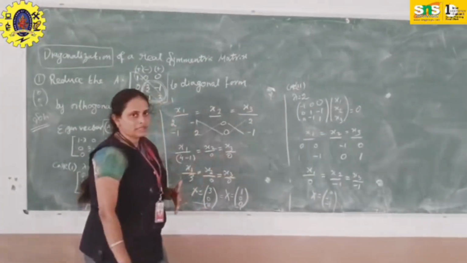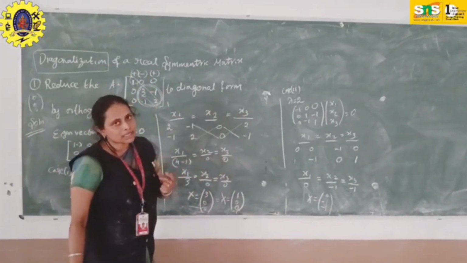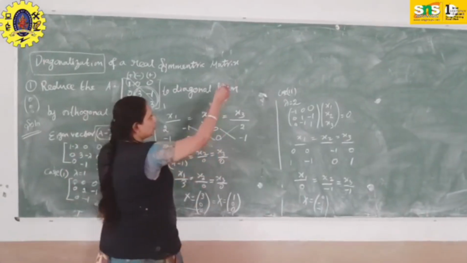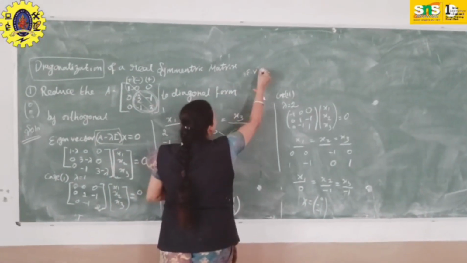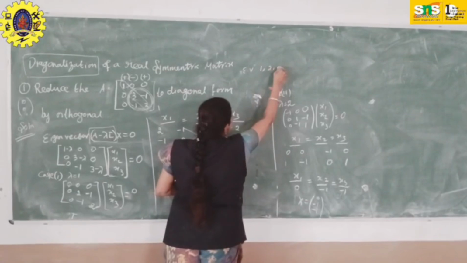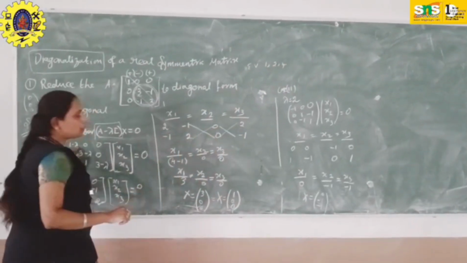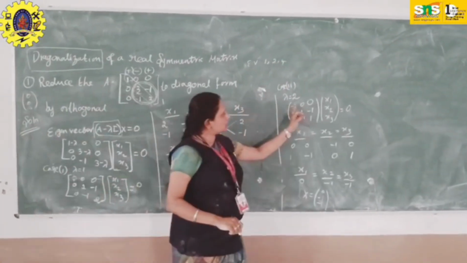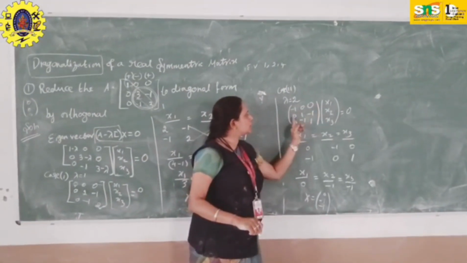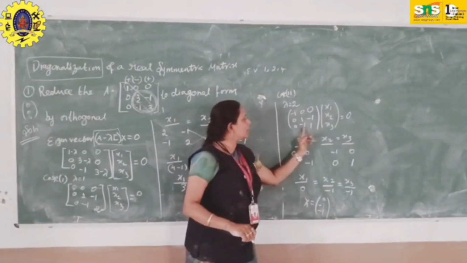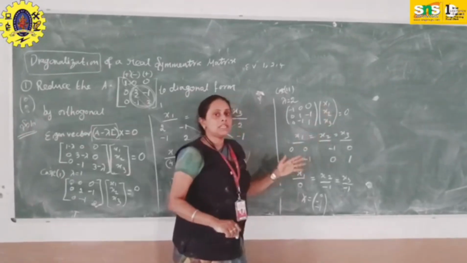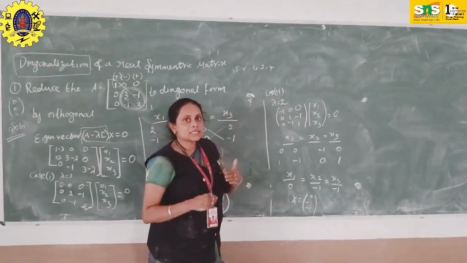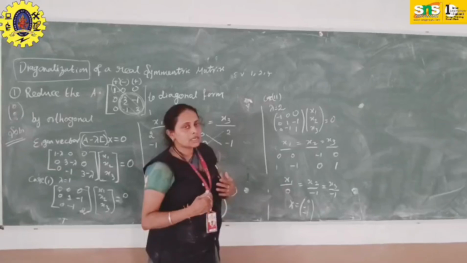Similarly, we solve the second eigenvector using the second eigenvalue, 2. Here we subtract 2 from the diagonal. This matrix becomes minus 1, 0, 0, 0, 1, minus 1, 0, minus 1, 1, times x1, x2, x3. Are all the equations the same or different?